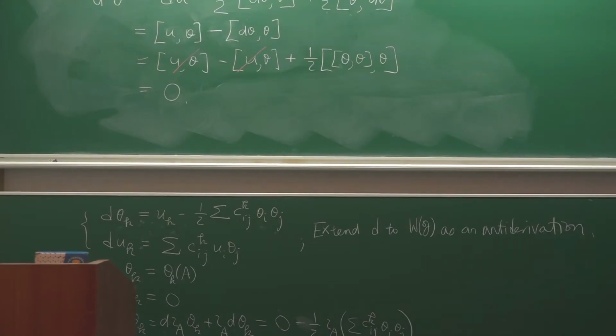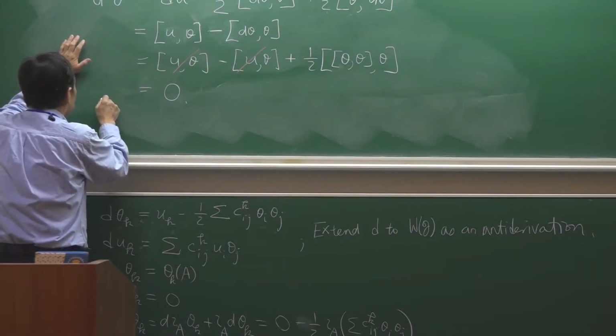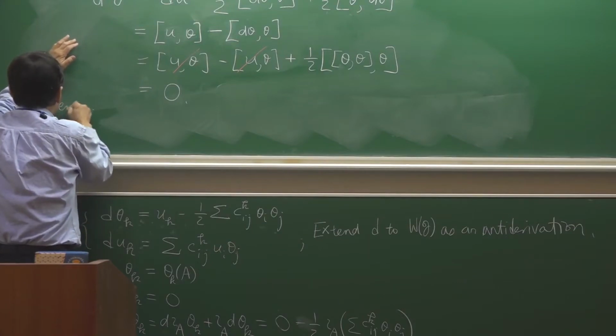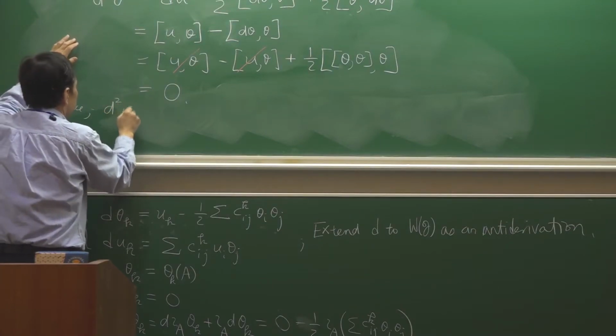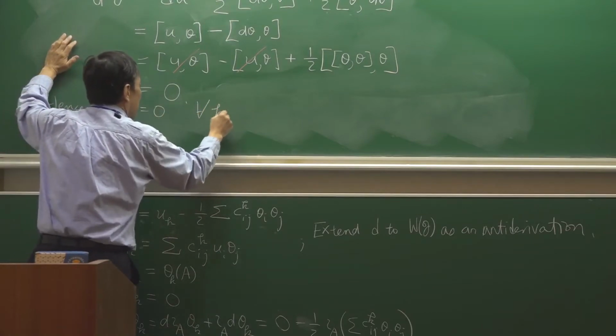And now, if you apply it to the other set of generators, okay. So this says that d squared theta k is 0, okay, for all k.